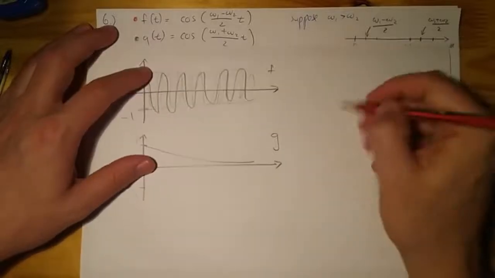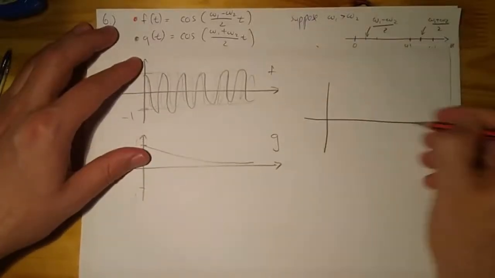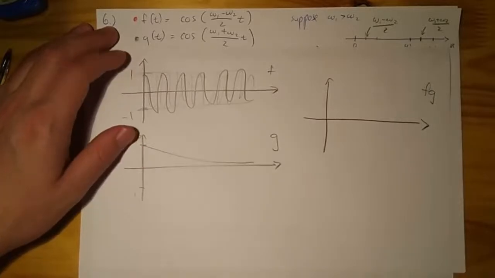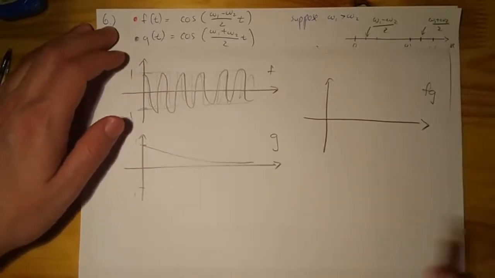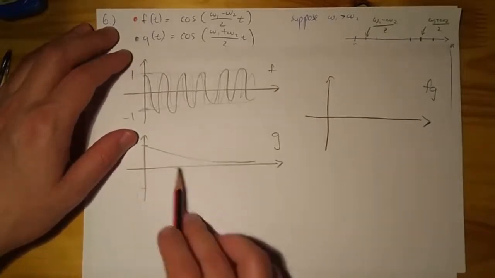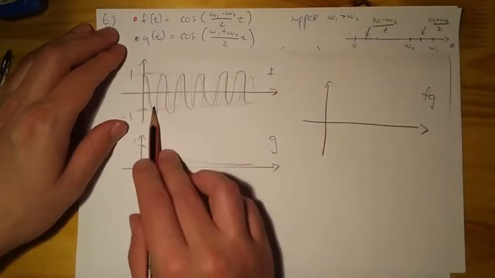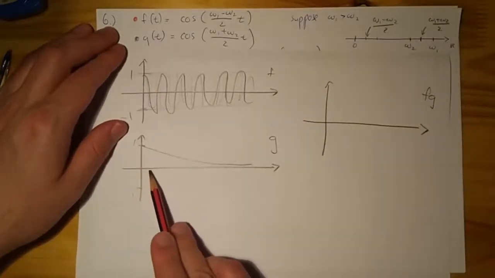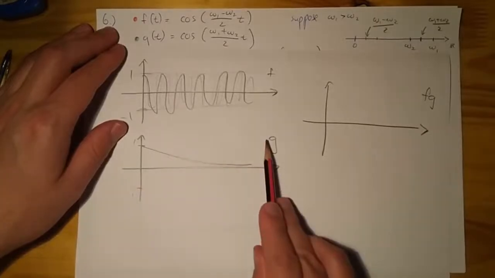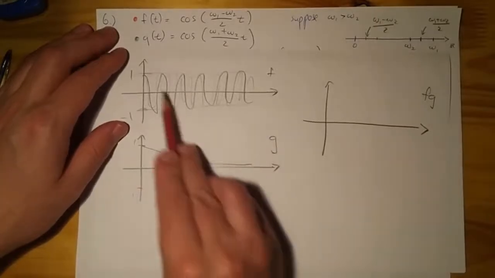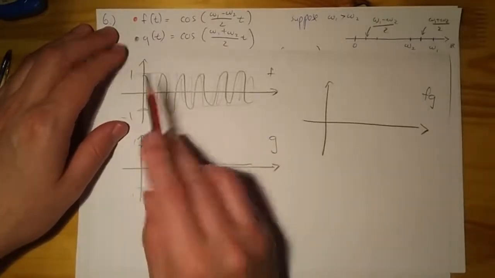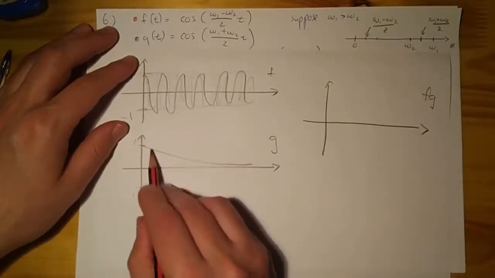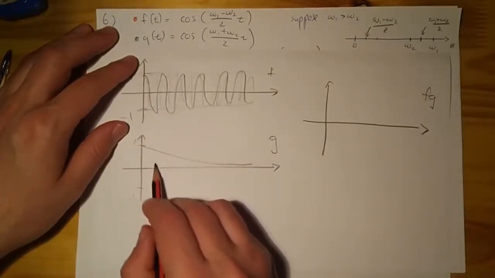What is the product of f and g going to look like? Not f of g, fg. Product of these two. Well, both of these functions are between 1 and minus 1. So if I multiply f with g, every single y value will be multiplied by some value between 0 and 1.